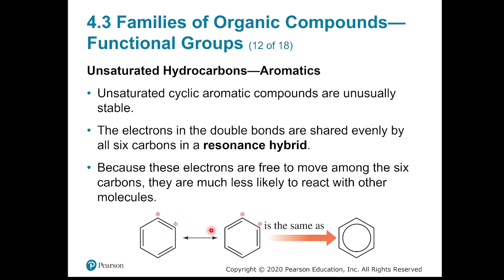Okay. This double-sided arrow means we're making a resonance structure. We're writing two structures that in reality are one. We're encompassing the actual structure by writing out these two things that in reality represent half of that structure each.